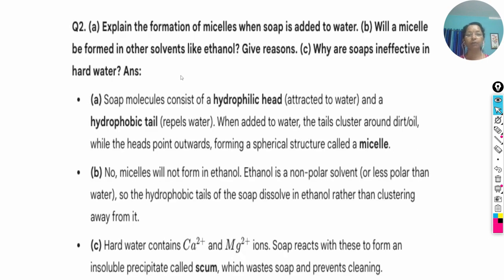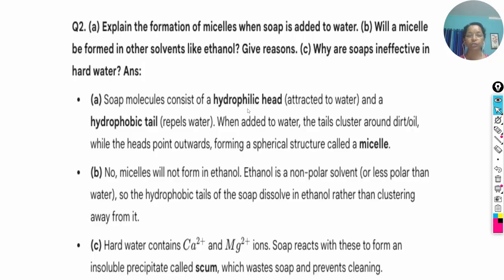Next is, explain the formation of micelles when soap is added to water. Will a micelle be formed in other solvents like ethanol? Give reasons. Why are soaps ineffective in hard water? The answer to the first part, formation of micelle, we discussed already. Anyway, the answer is given in a very proper way here.